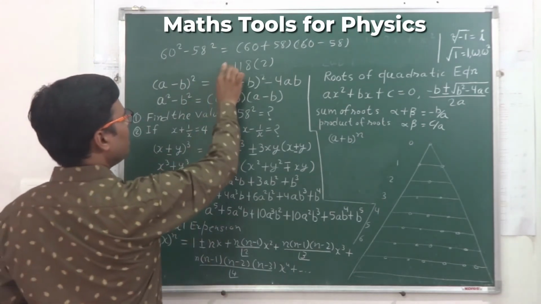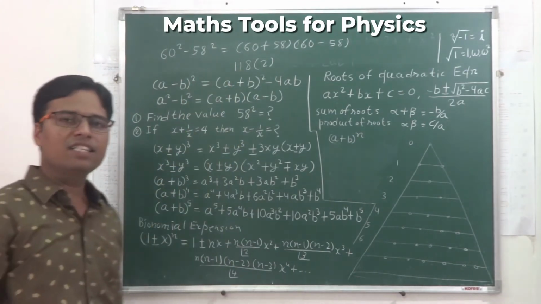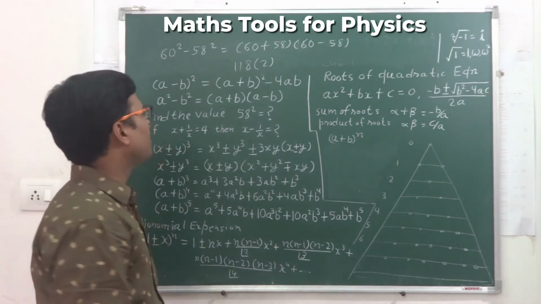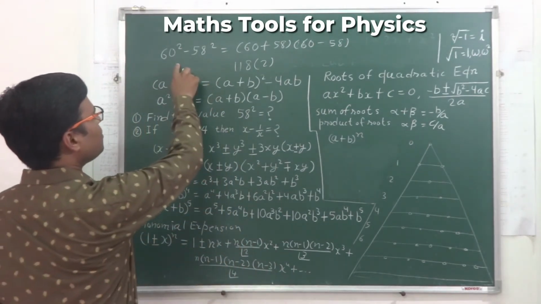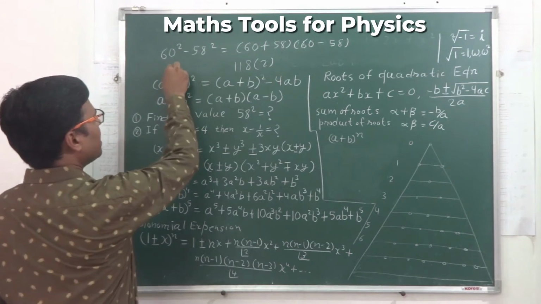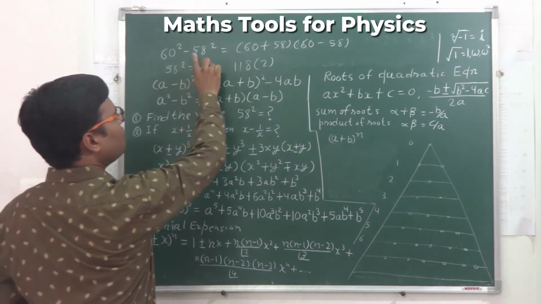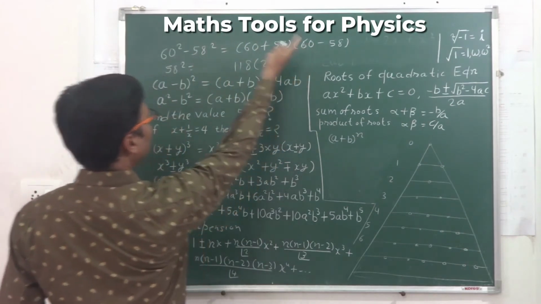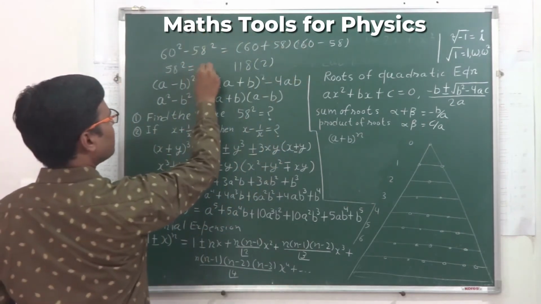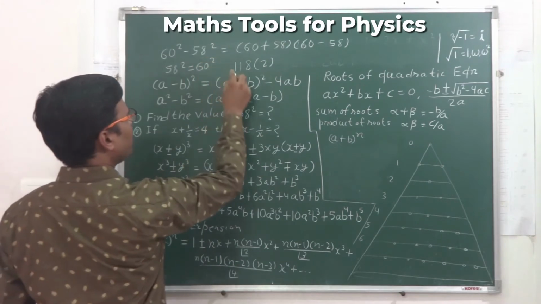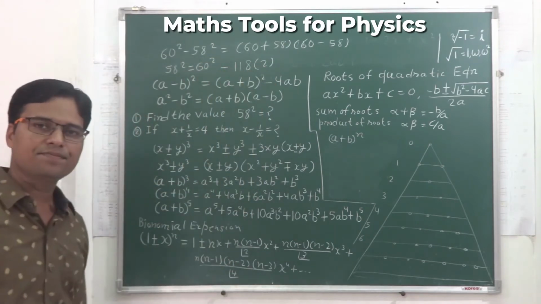So if you can solve some simple problems of mathematics, you can easily do this. 58 square will go this side, this part will go this side, and that would be equal to 60 square minus this one.